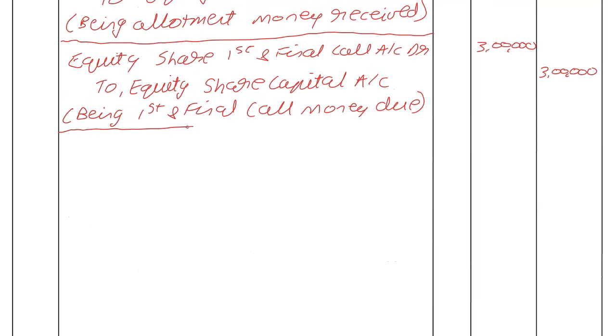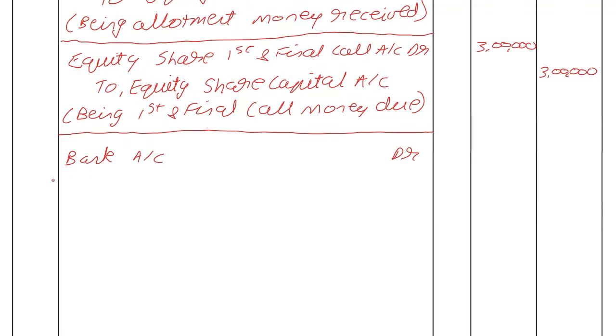We first draw a line. Okay, and obviously please use a scale when you do it. Now, debit what comes in. Bank account debit, for the money that we receive.